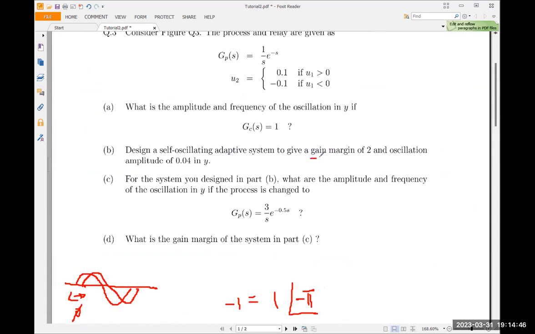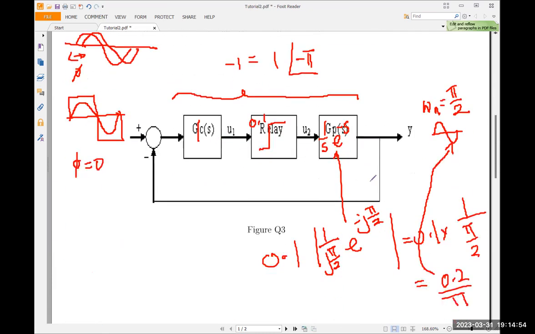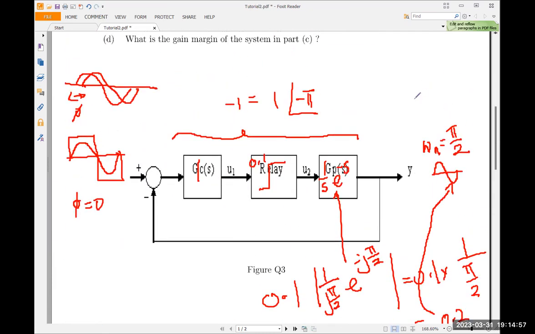Gain margin of 2, you forever will get a gain margin of 2, so you don't have to bother about that. Such that you have an amplitude of 0.04 in Y. So now, what you need in question B is this amplitude here to be 0.04.